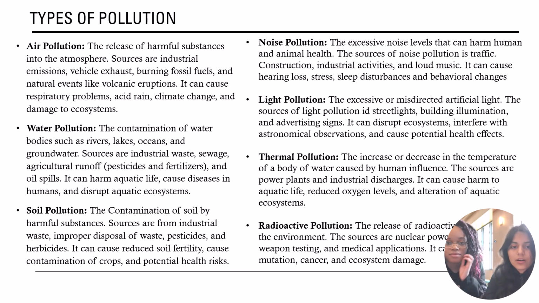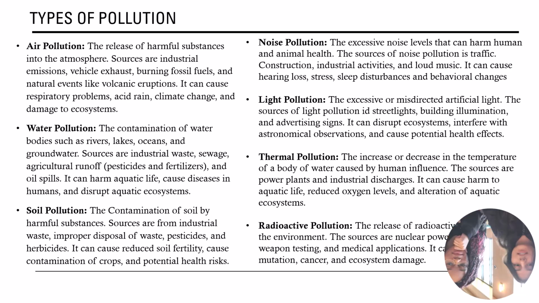The sources are power plant and industrial discharges. It can cause harm to aquatic life, reduce oxygen levels, and cause alterations of aquatic ecosystems. Radioactive pollution, the release of radioactivity into the environment. The sources are nuclear power, weapon testing, and medical applications. It can cause mutation, cancer, and ecosystem damage.